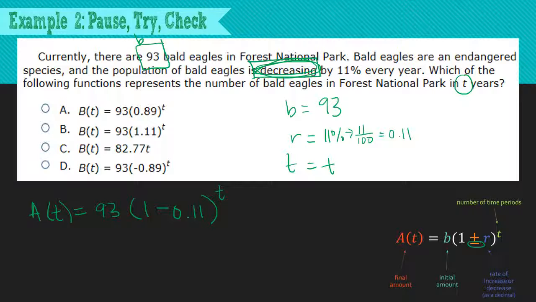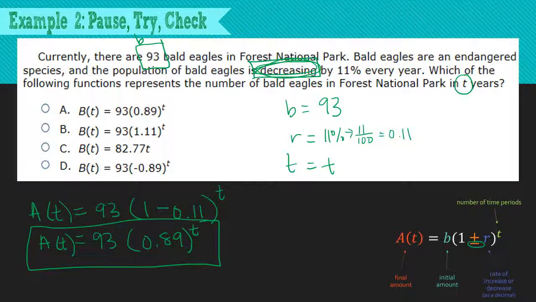Now I just need to simplify what's inside of my parentheses, using my order of operations. 1 minus 0.11 is going to give me 0.89 raised to the t, and there is my function. That's as far as I can go in terms of simplifying that. So we can see that would match with choice A.